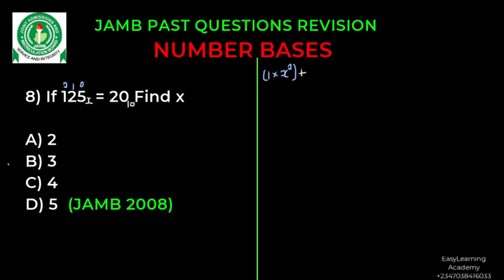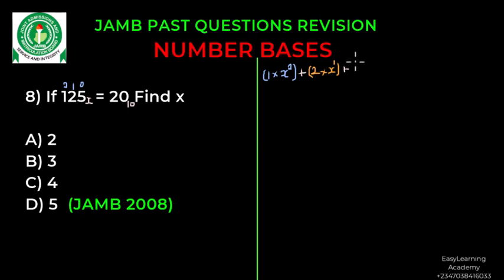Picking the next one, that is 2. So our bracket opens, and we have 2 times x, and the power in this case is 1, so raised to power 1. We close our bracket. Bring our plus here, and then the next number we have is 5.